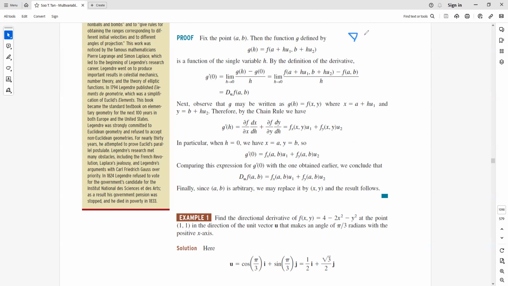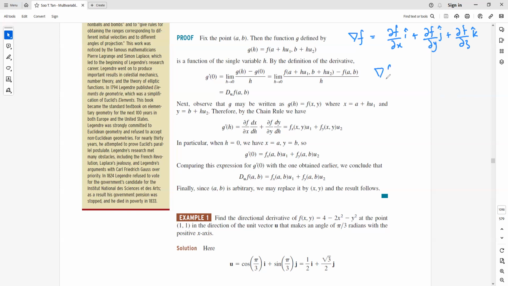So the gradient nabla f is given by partial f over partial x i plus partial f over partial y j plus partial f over partial z k, if we have a function of three variables, that is, if we are considering three dimensions x, y, z.